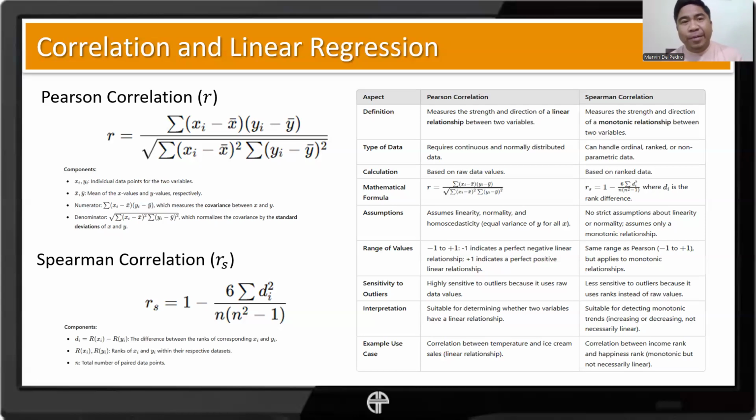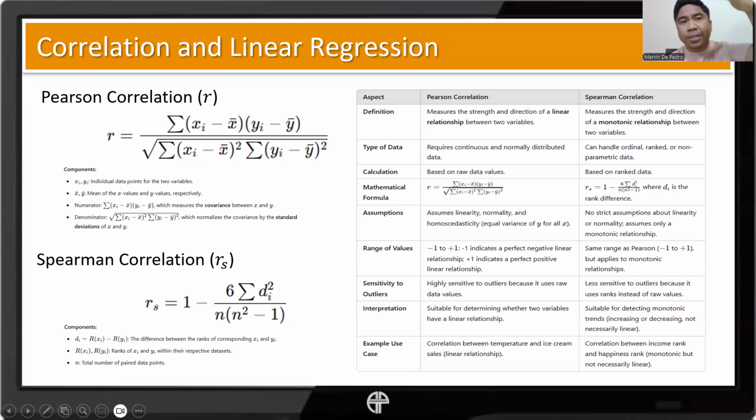So we list down all the x, y pairs, and then take the mean of all the x's and the mean of all the y's. Then we create a table, starting with all the x's and then all the y's. After that, we have another column wherein we subtract the mean from each of the x's, until we complete the table.